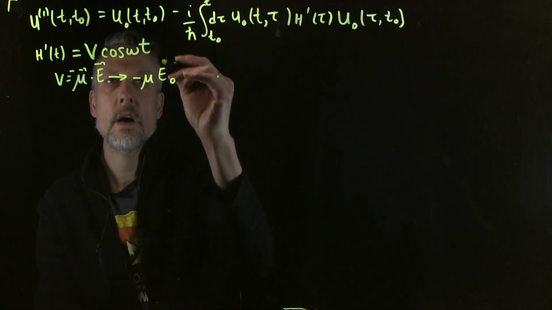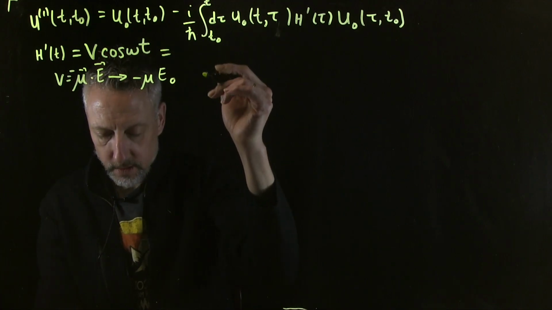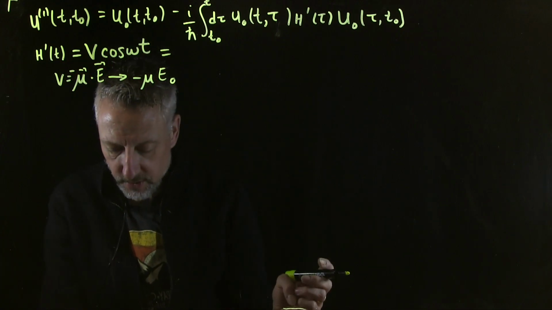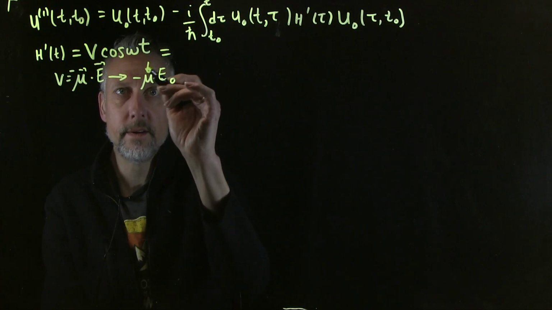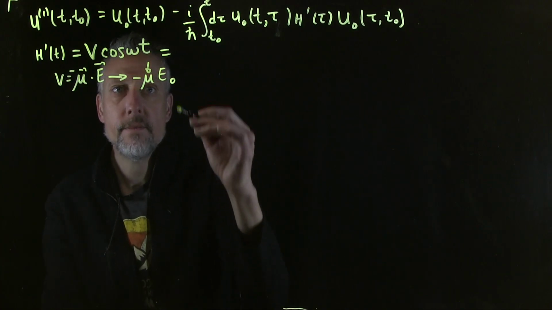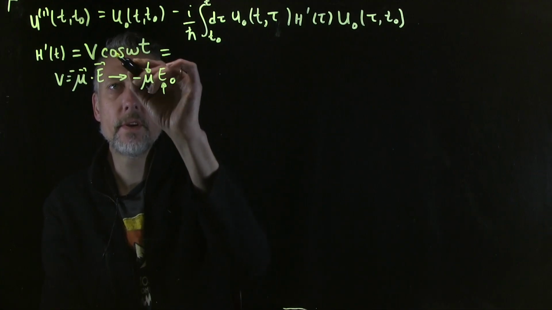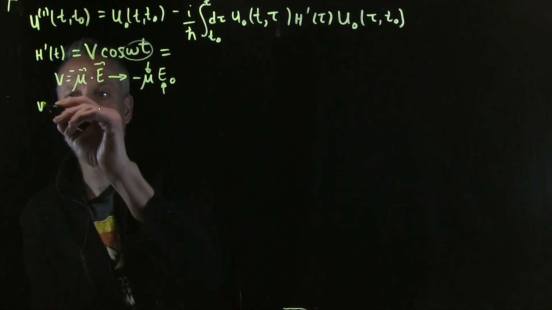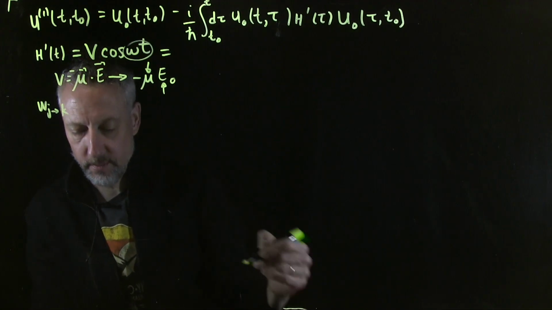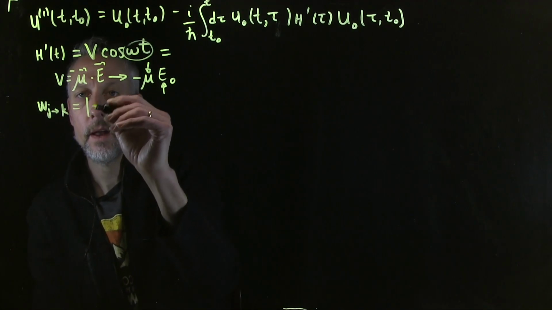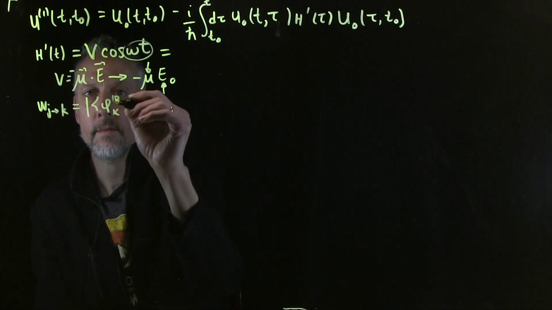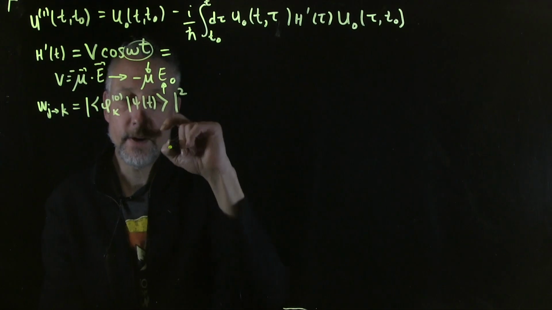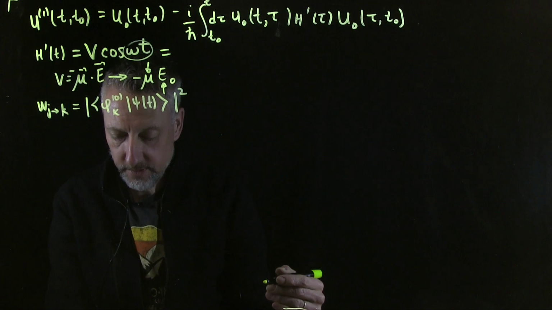Okay, so this becomes a pretty straightforward expression for the perturbation Hamiltonian. The mu is going to have the operator part in it. If we do an actual calculation, this is going to have a field strength, and this has where the frequency of the field will come in. What we're interested in is the probability of going from J to K, as we've done many times, which we know how to do as a scalar product of our time evolved state vector with whatever state it is that we're interested in.